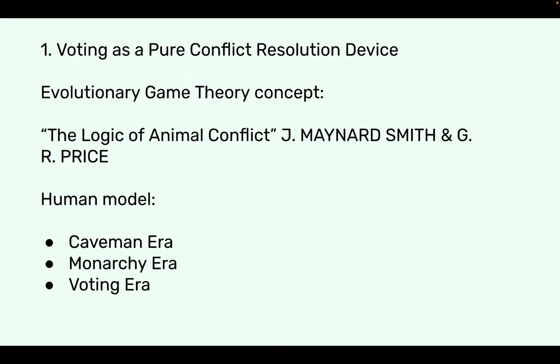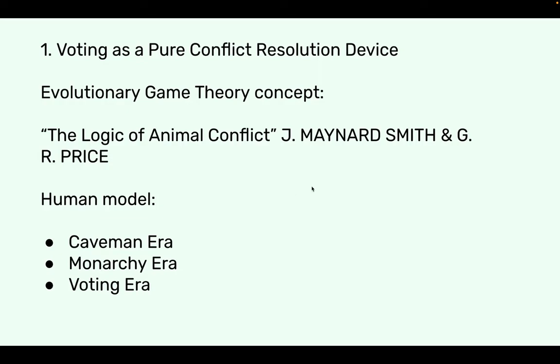1. Voting as a pure conflict resolution device. A few decades ago, the origin of evolutionary game theory was started by John Maynard Smith and G.R. Price in a paper called The Logic of Animal Conflict.